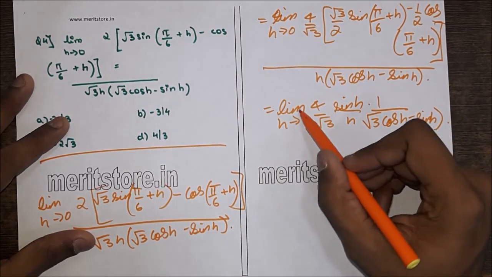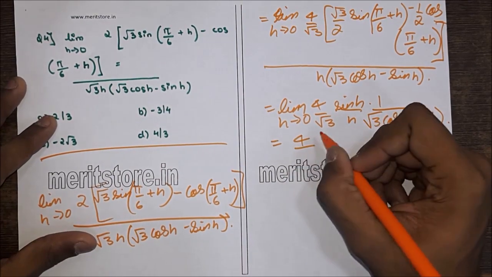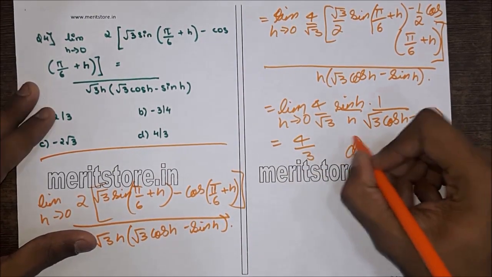Now applying the limit h tends to 0, we get the answer 4 by 3, which is option D.